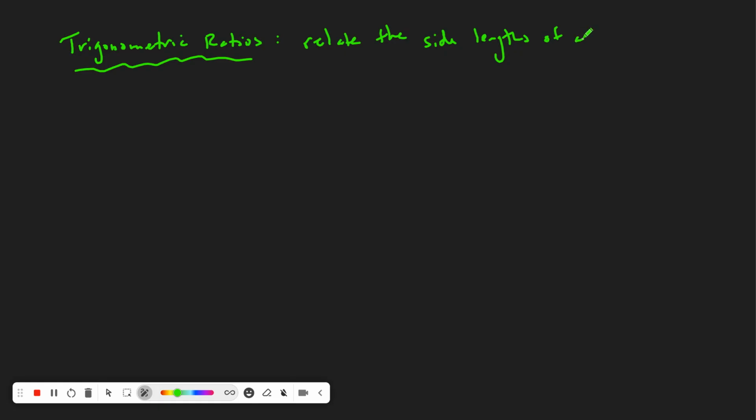So what are trigonometric ratios? You can call them trig ratios for short. What trigonometric ratios do is they relate the side lengths of a right triangle to its acute angles.